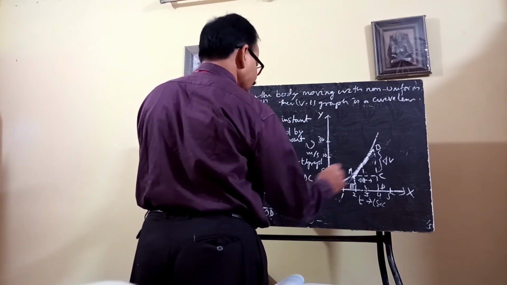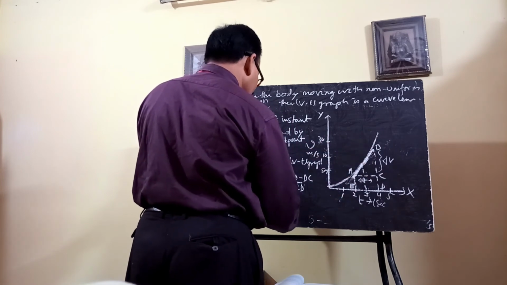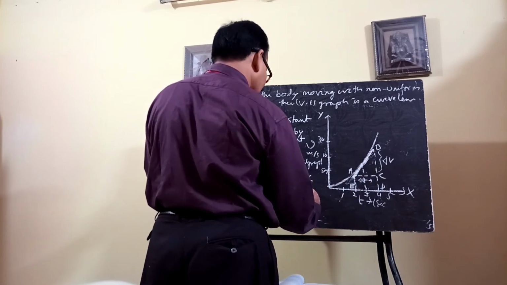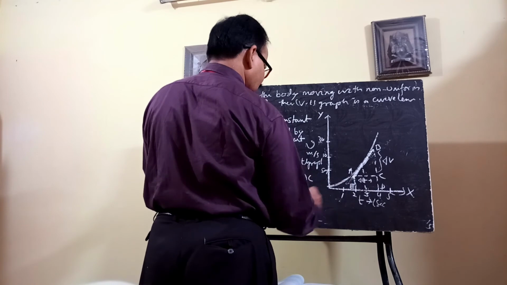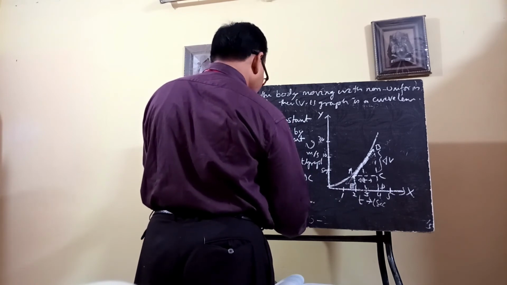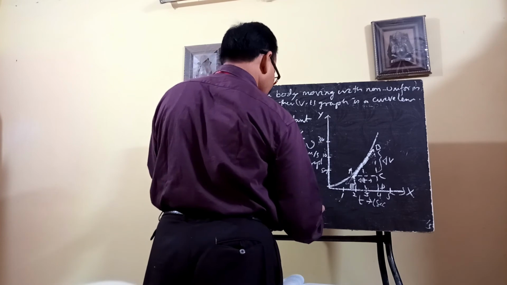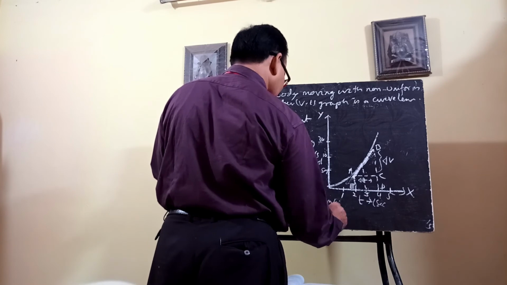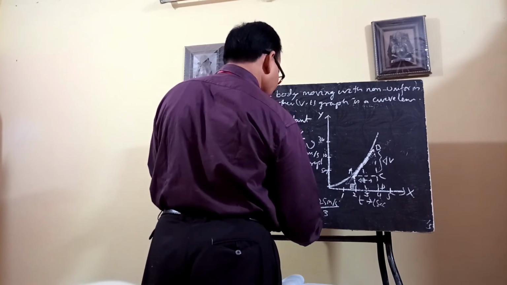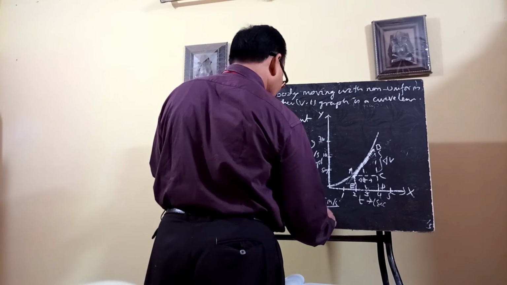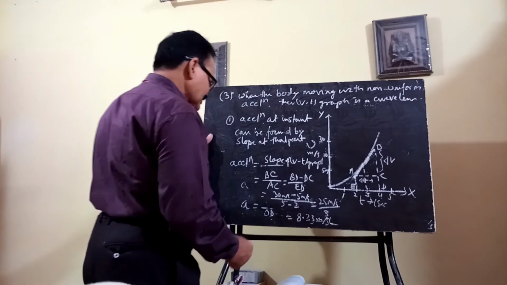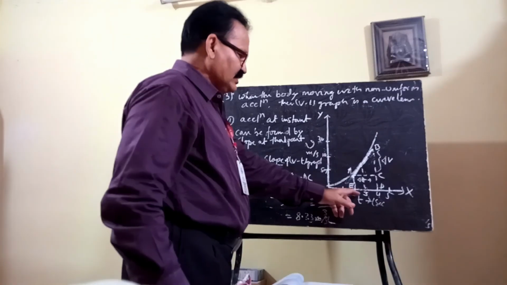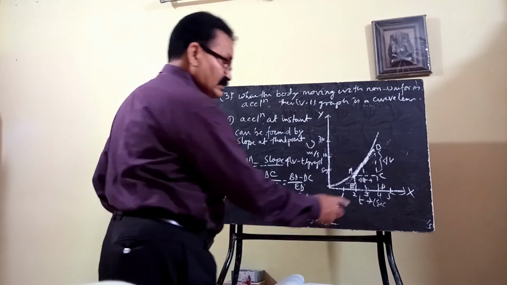So here the velocity is 30 meter per second minus, say, 5 meter per second, and the time is 5 second minus 2 second. So this is 25 meter per second by 3 second. So this is 8.33 meter per second square. So this value is your instantaneous acceleration at 3 seconds.